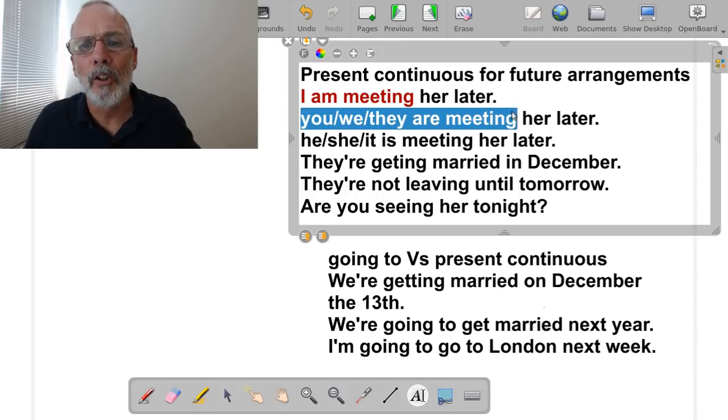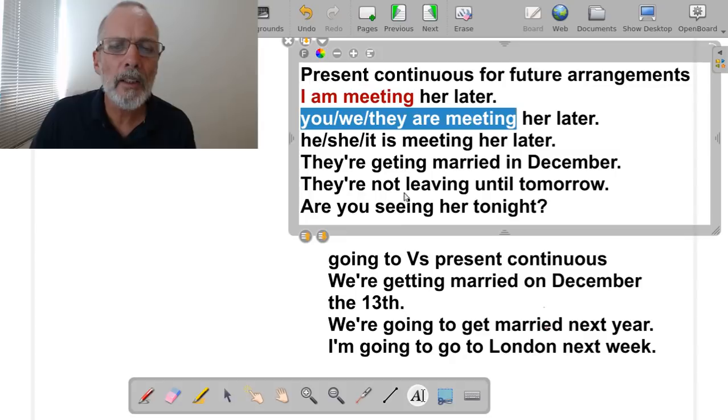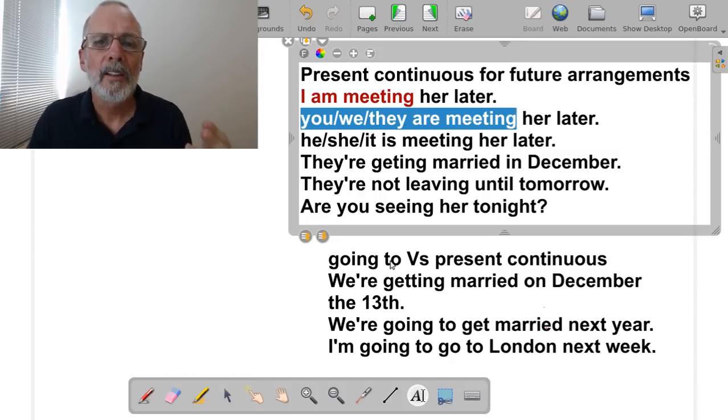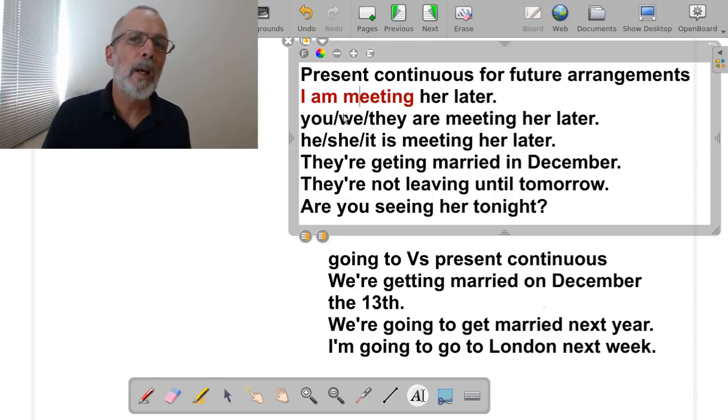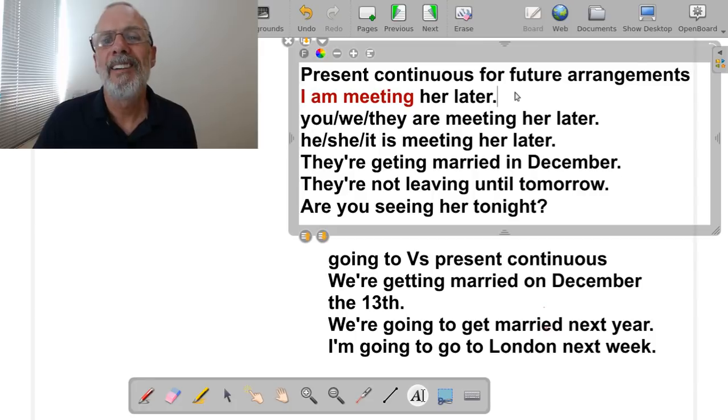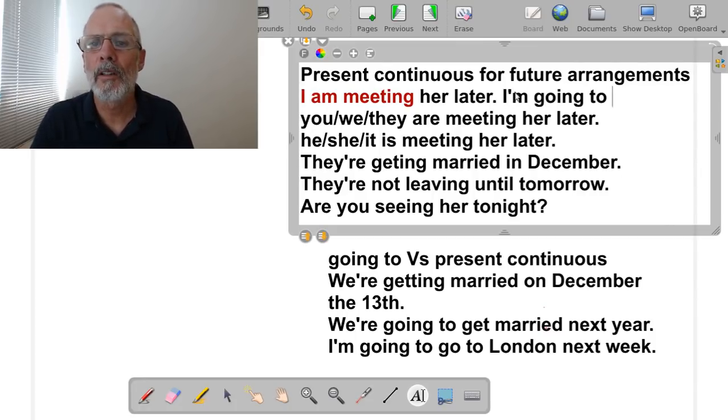So these two, the present continuous and the going to, sometimes they're interchangeable. I could say "I'm meeting her later," or "I'm going to meet her later." It's really not that much difference.